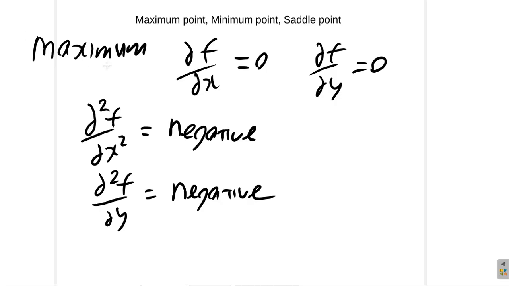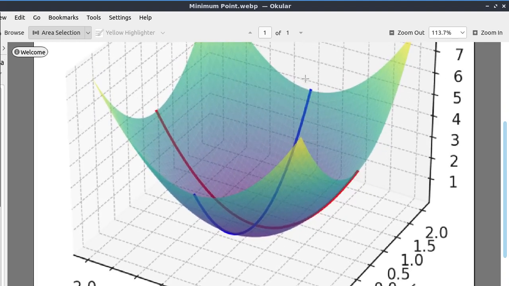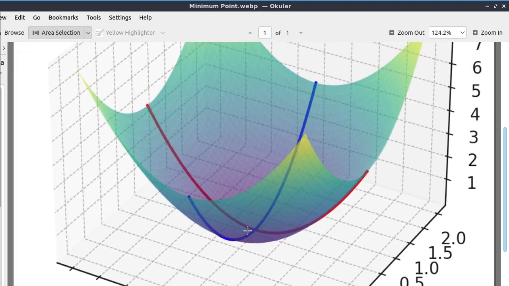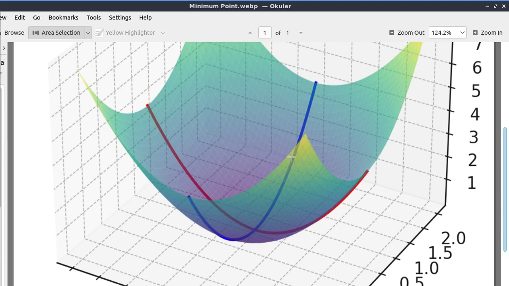Now, if you have a minimum point, in this case, you're already at the bottom of the valley, and right at the bottom of the valley, the partial derivatives of f with respect to x and with respect to y are both 0.